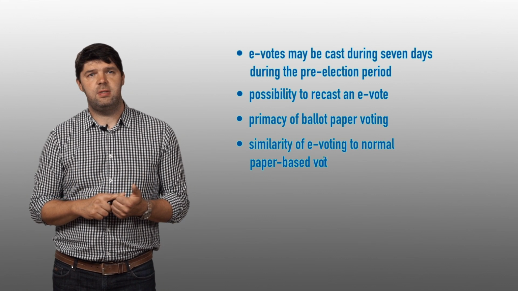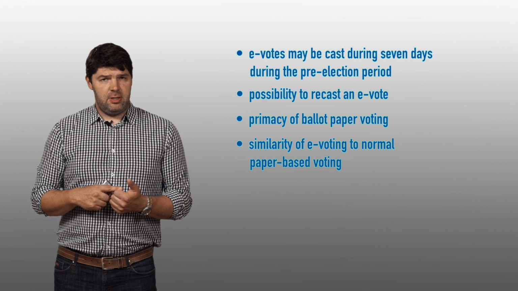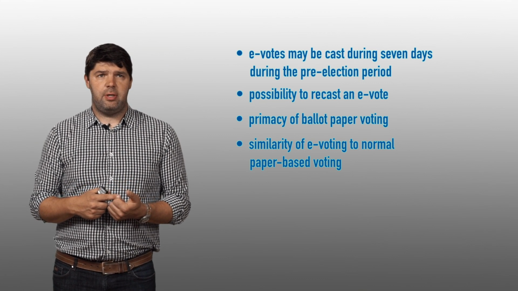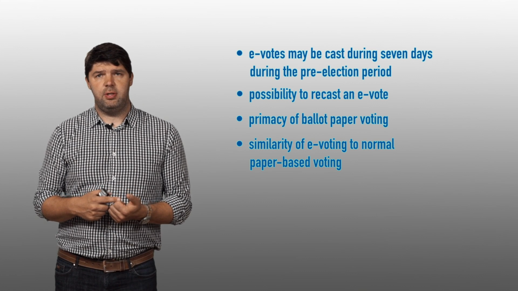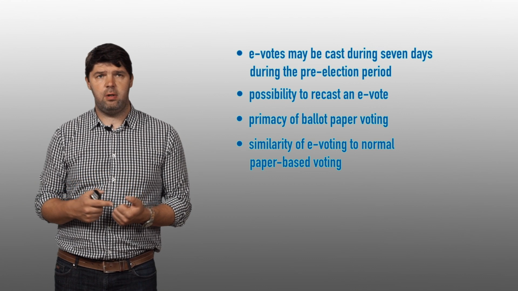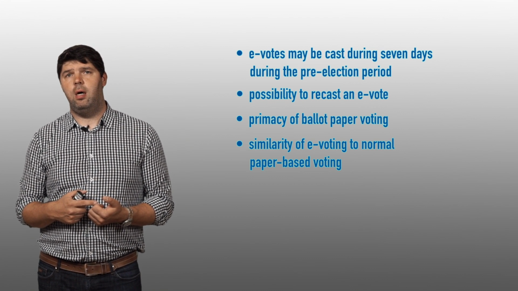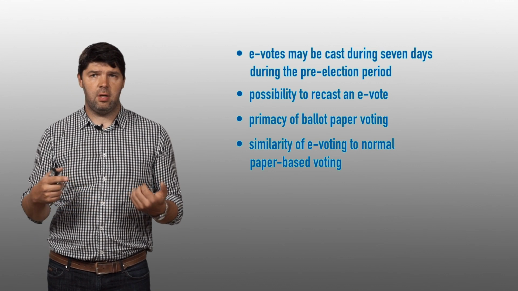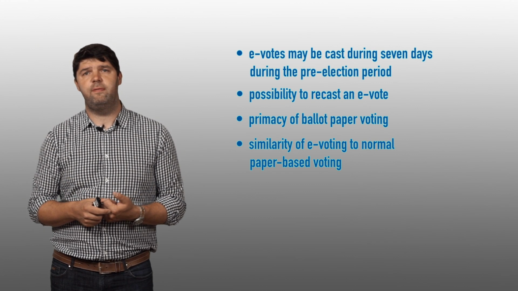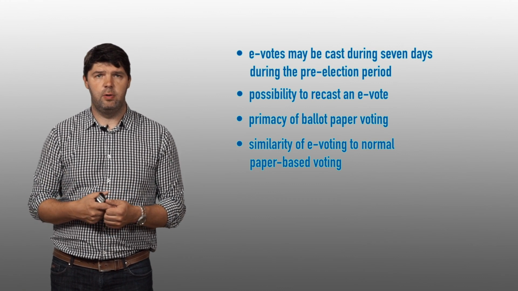Then the fourth one is the similarity of e-voting to regular voting. This principle says that e-voting adheres to the Election Acts and general election principles and customs. It is uniform and secret, and only eligible voters may cast their votes. It should be impossible to know which way somebody else voted.